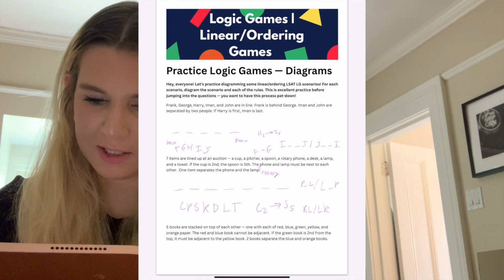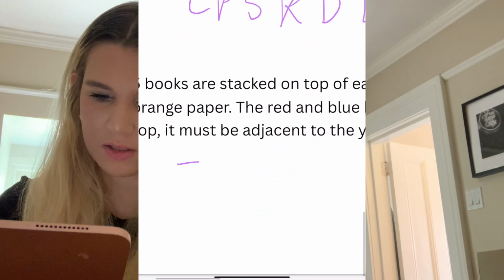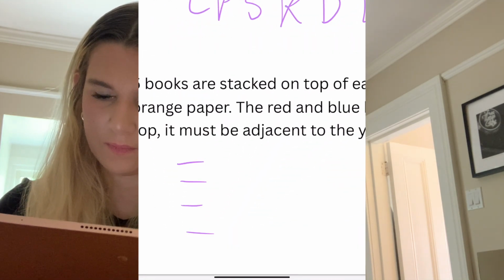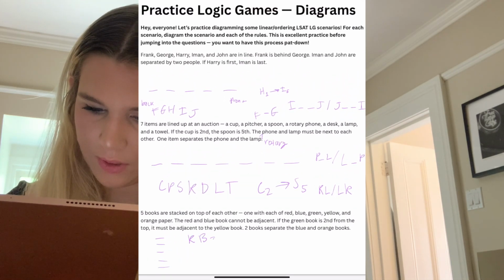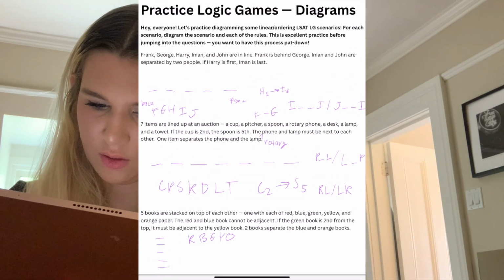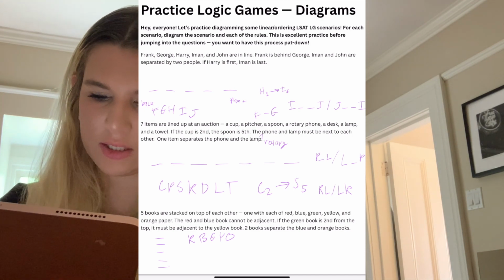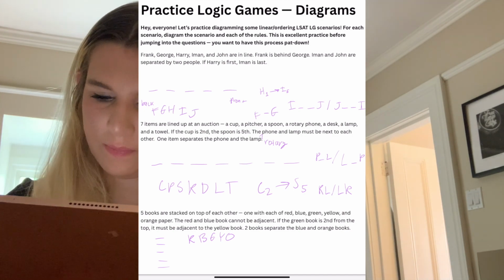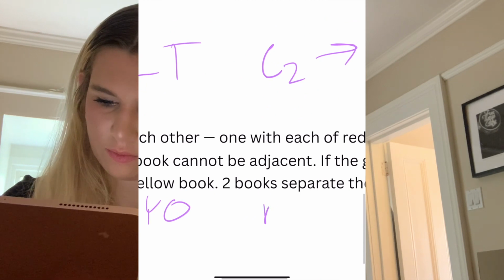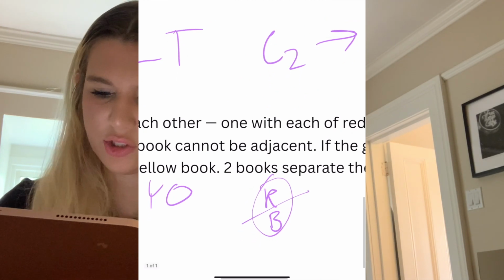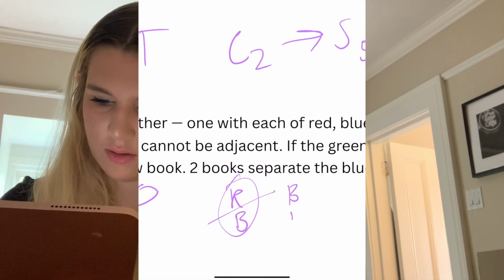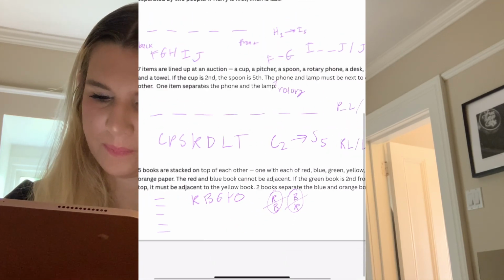So there's not that much space here, but I think we can make it work. 5 books are stacked on top of each other, one with each of red, blue, green, yellow, and orange paper. The red and blue book cannot be adjacent. So the way I like to diagram cannot is like red and blue cannot be adjacent. And it is true that you could also write B and R and cross that out as well.